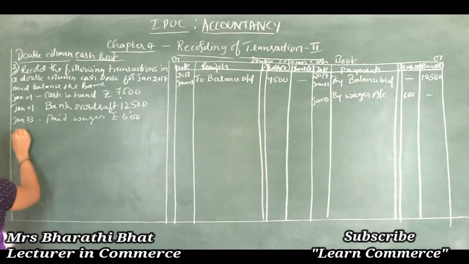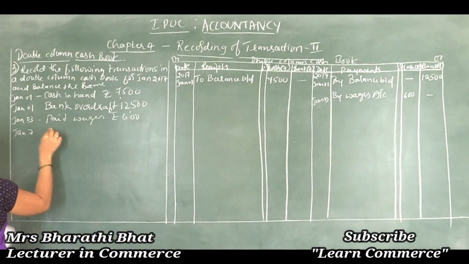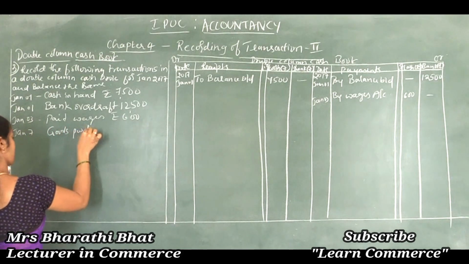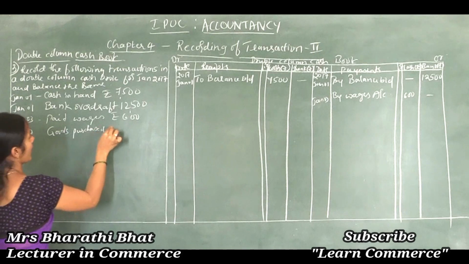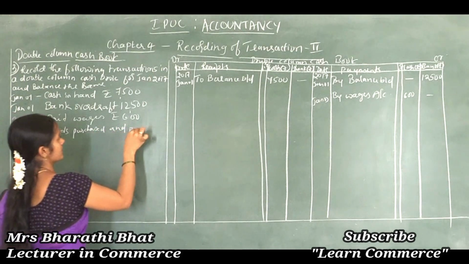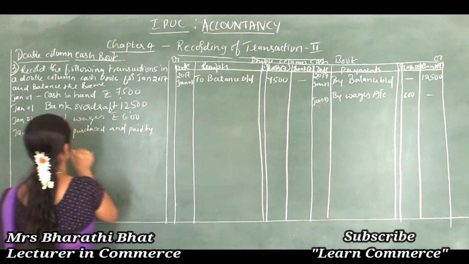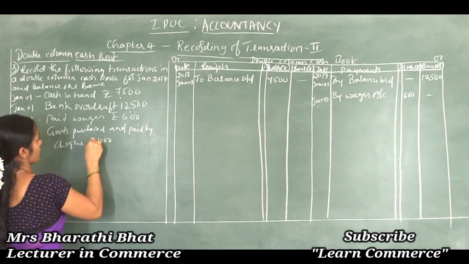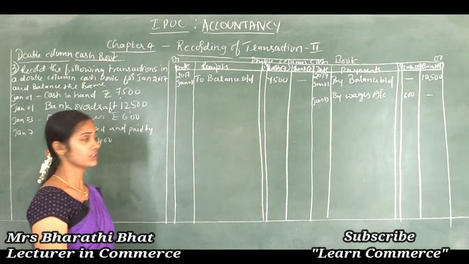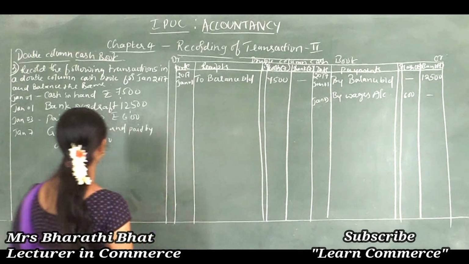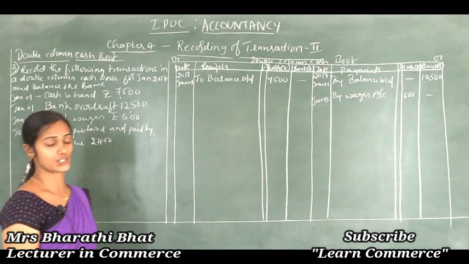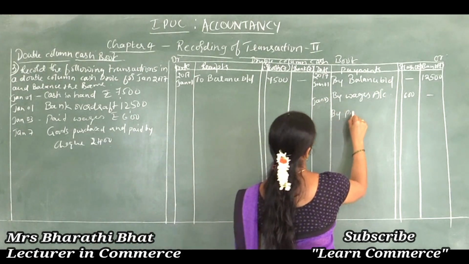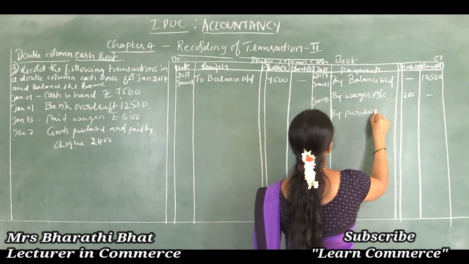And the next transaction, Jan 7, goods purchased and paid by cheque, amount 2,400. See, what was purchased? Goods purchased. Just write by purchases account.